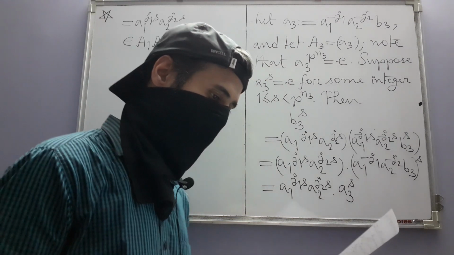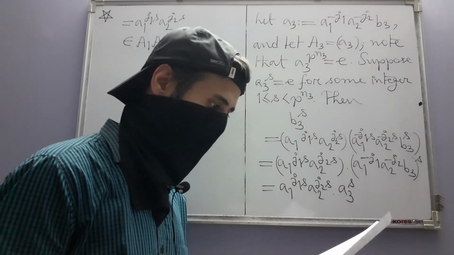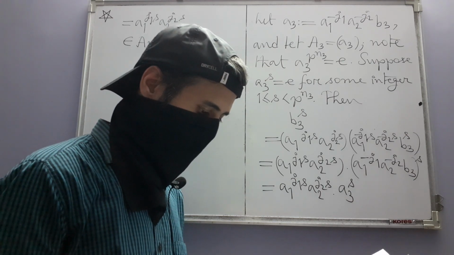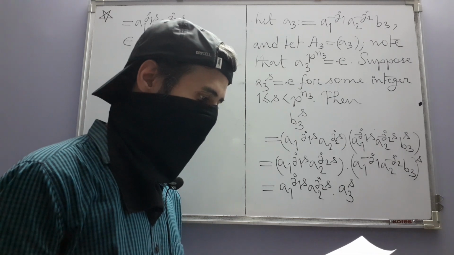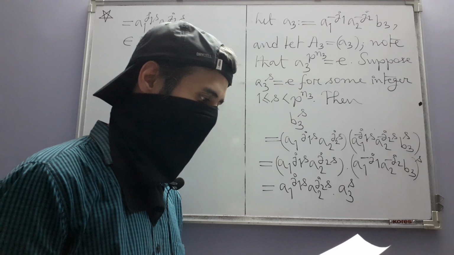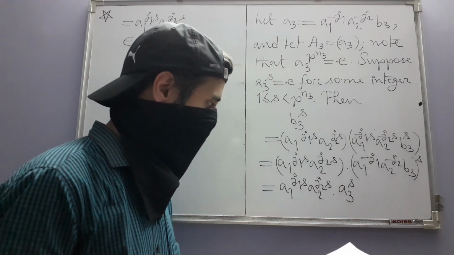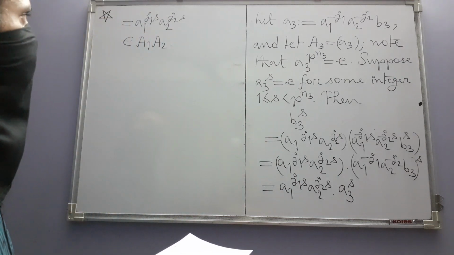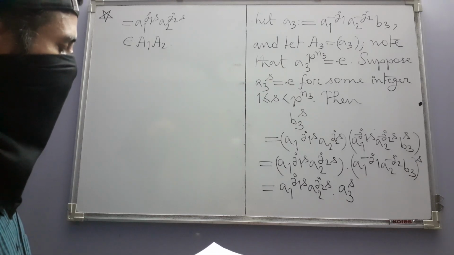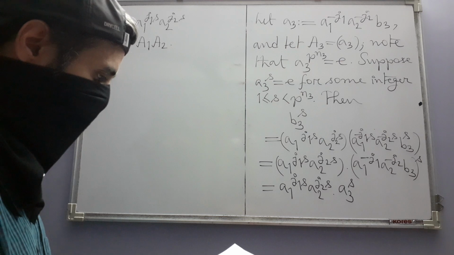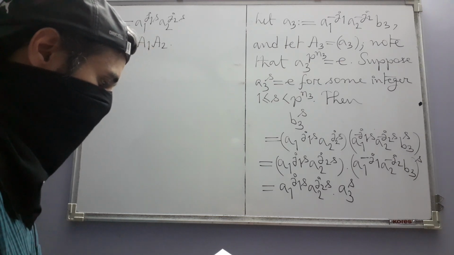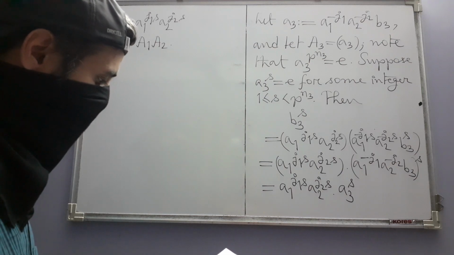But wait, just hold on. I think I wrote something wrongly. If it contradicts the minimality of p to the power n3, I am a little confused here. What is n3?